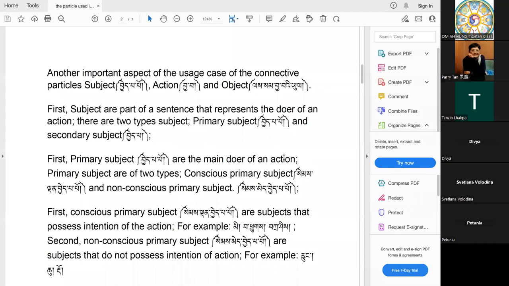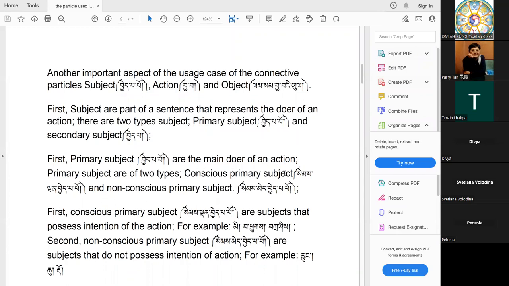Yes, chebapo is similar to agent. You can also say agent, but normally I prefer the word subject to agent. But yes, you can say agent of action. So chebapo is the main subject, and there are two types of primary subject.